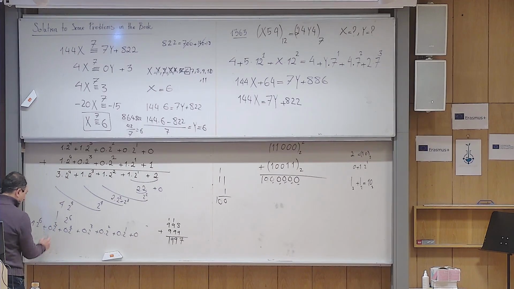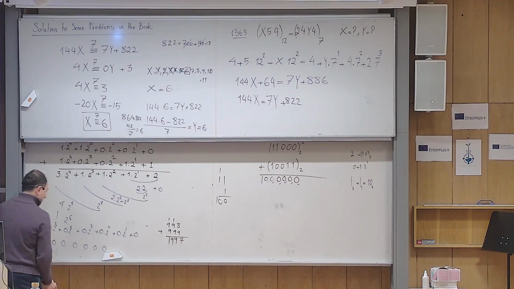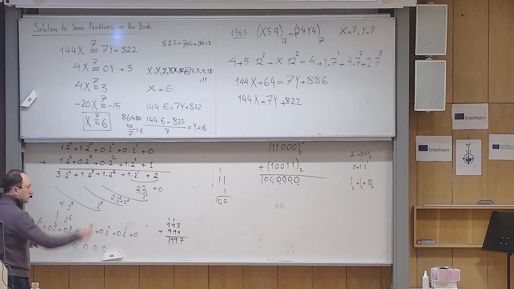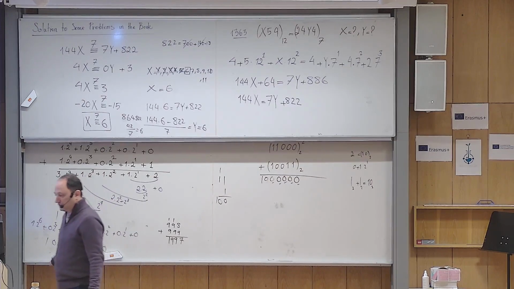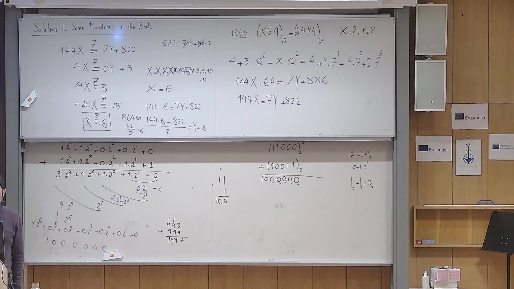So this is 1 0 0 0 0 0 0. And that's that number. So if you want to understand it in a different way, this is one way you can understand it. Any questions?